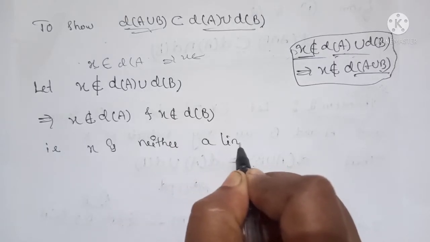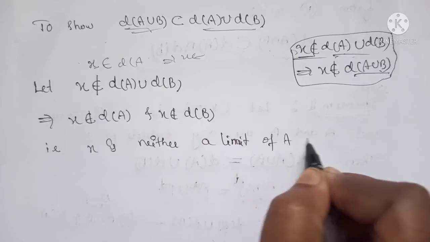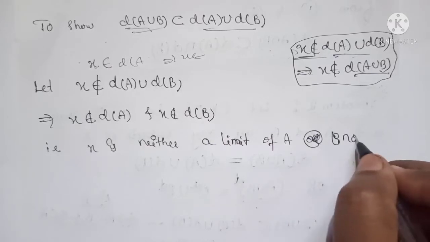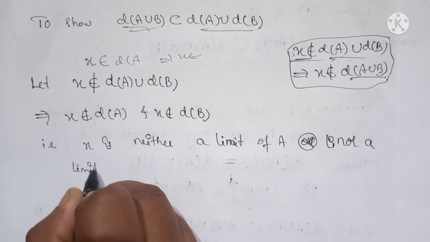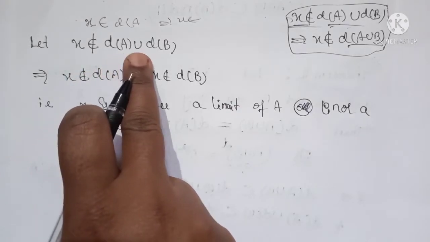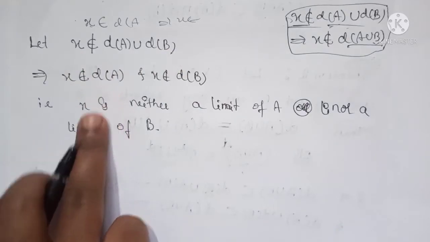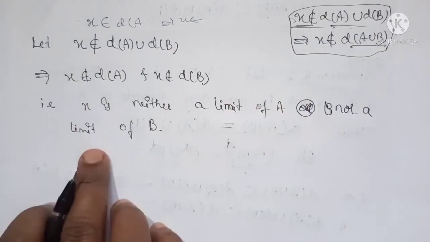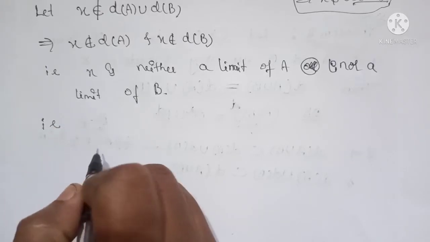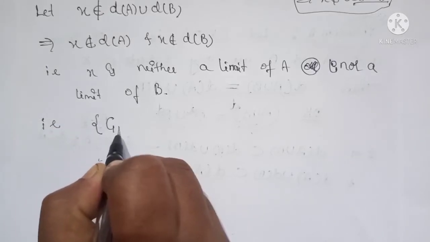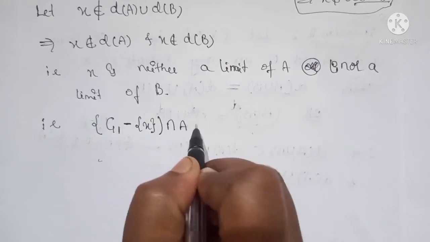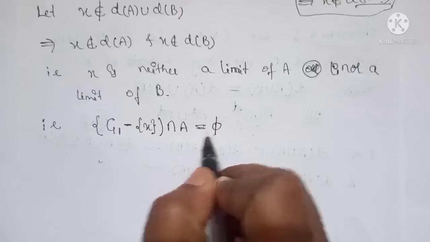So that is, x is neither a limit point of A nor a limit point of B. Since x does not belong to the derived set of A union the derived set of B, it is not a limit point of A, nor a limit point of B. So by the definition of limit point, there exists an open set G1 such that G1 intersection (A minus {x}) is equal to the null set, because x is not a limit point.